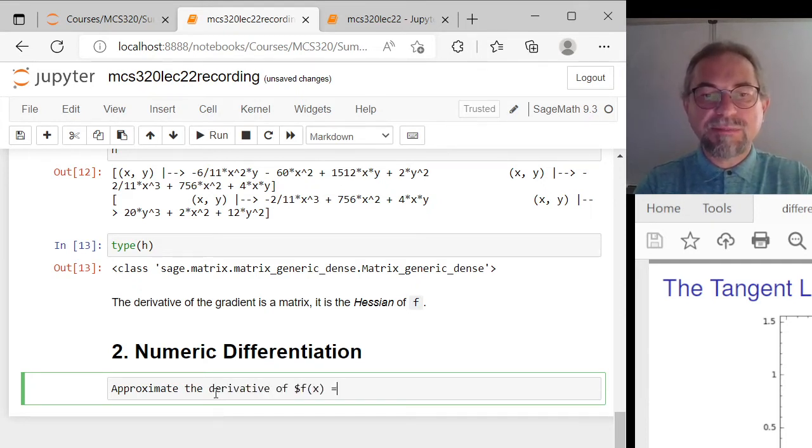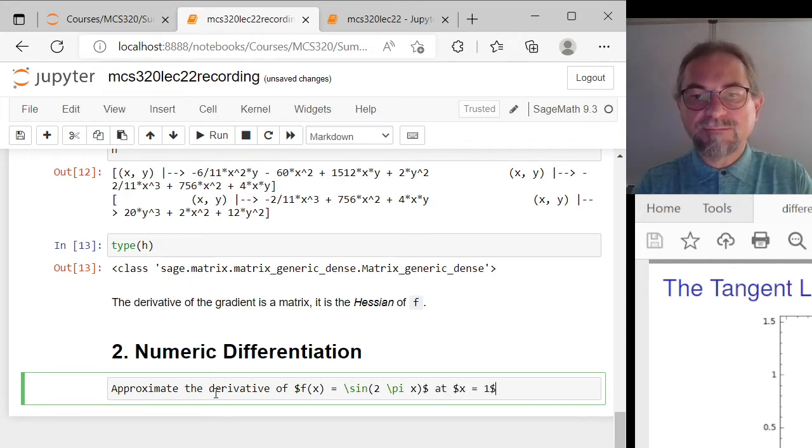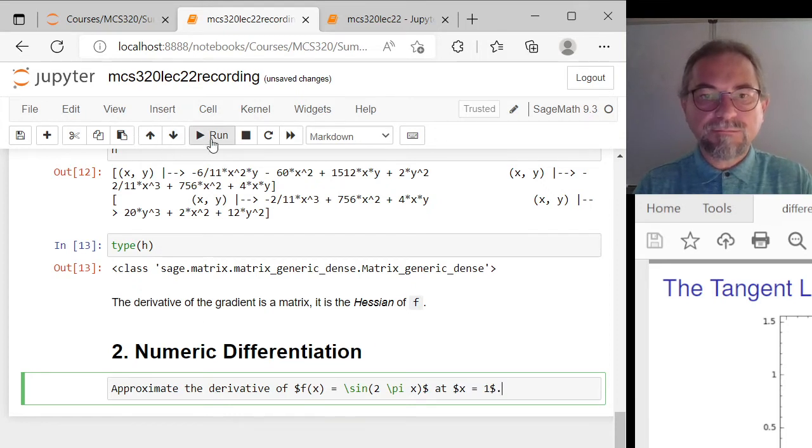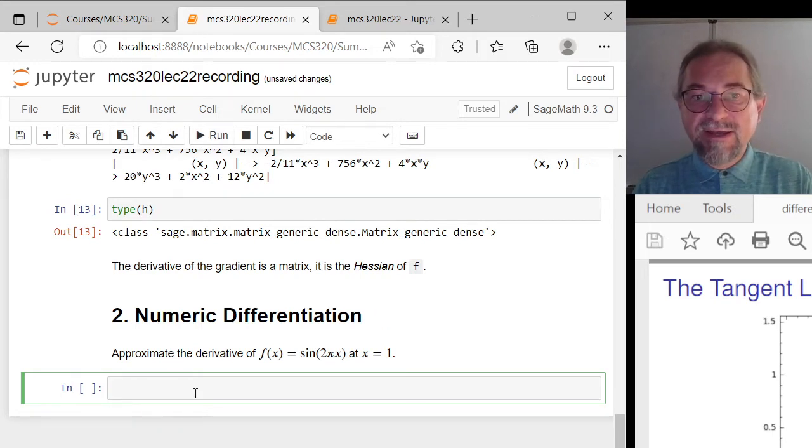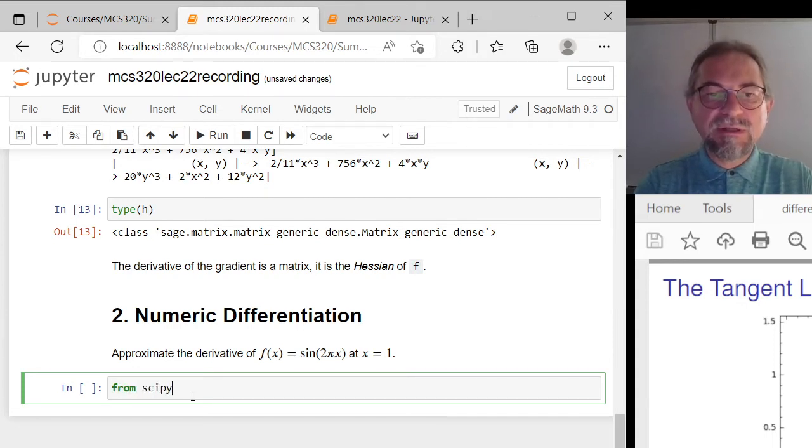I will write explicitly, with the notation of functions, at x equals 1. Okay, in the slides I indicated the central difference formula. So this is what is used in the SciPy derivative.